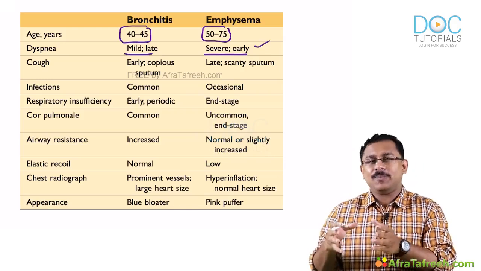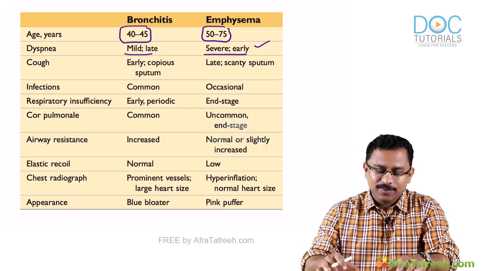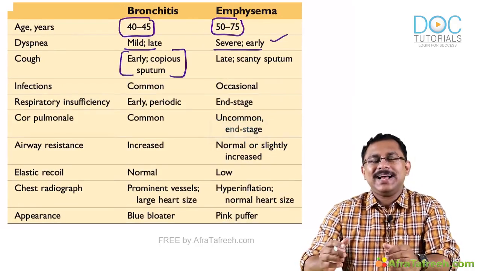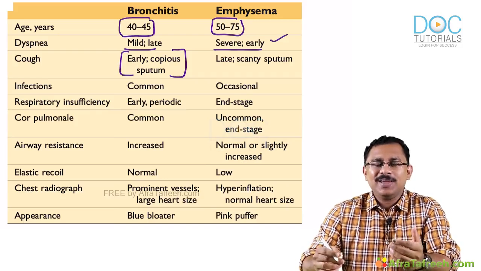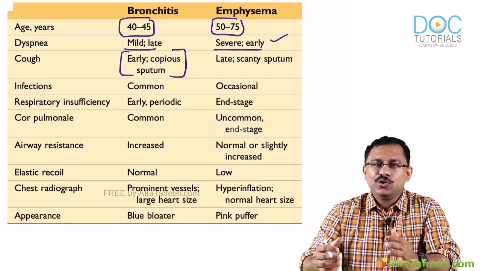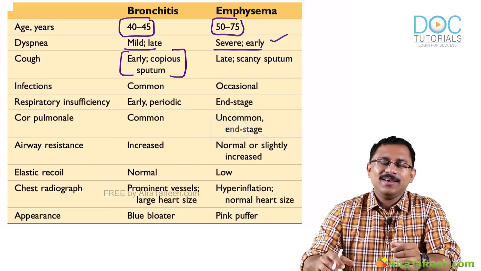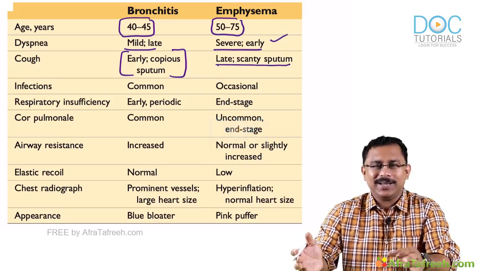Bronchitis, the dyspnea component is slightly mild, but you have other problems associated with bronchitis. Now, in case of bronchitis, you must know that the patient has early copious sputum. Now, this is a very, very important feature to differentiate a bronchitis and emphysema. Because in emphysema, you are not getting any sputum production.